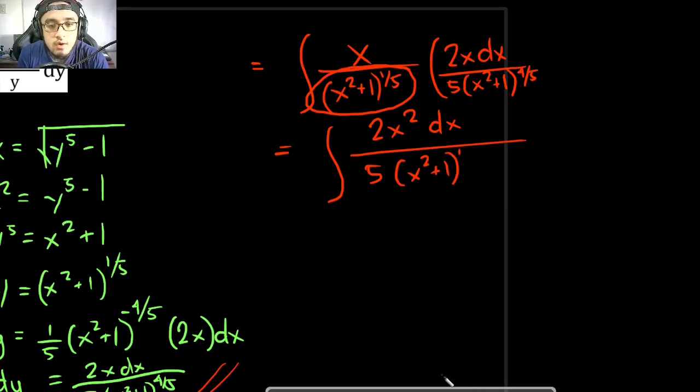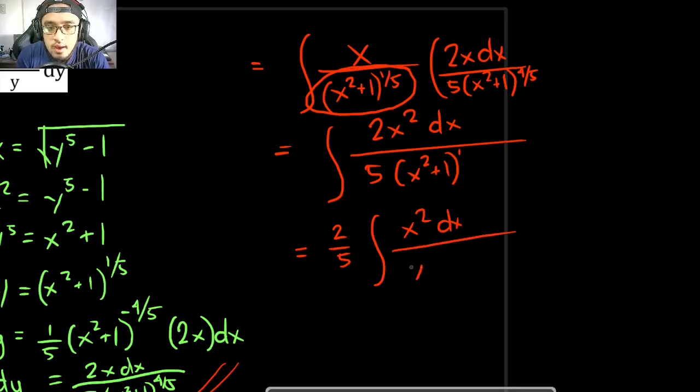If you're getting confused there, it is better for you once again to review your basic algebra. From that, I would now be segregating our constants. So it is equal to 2 over 5 times the integral of x squared dx over x squared plus 1.